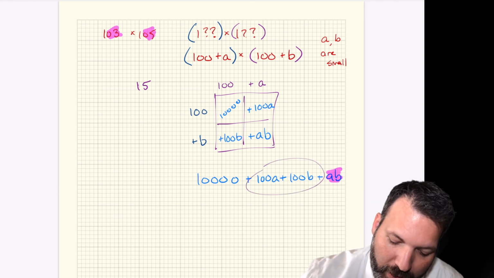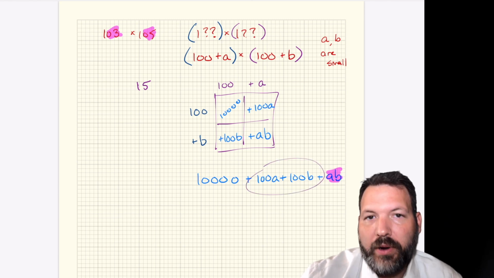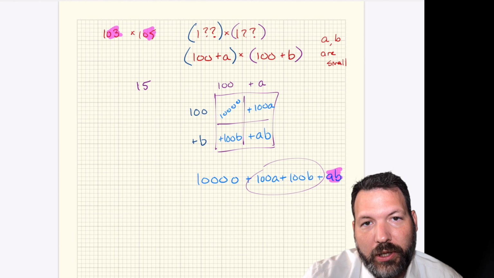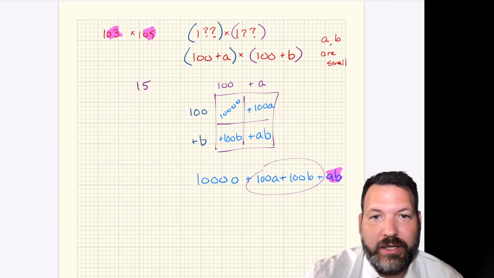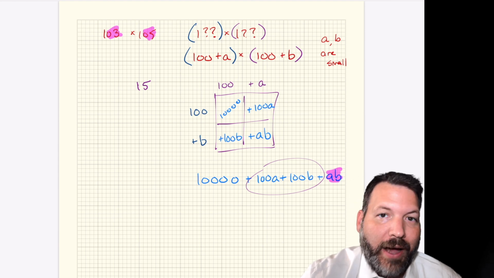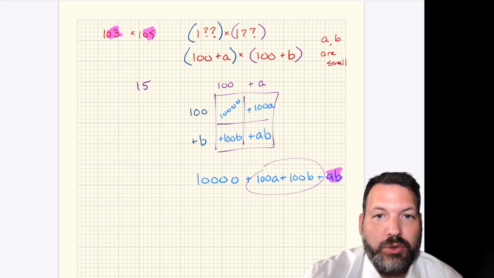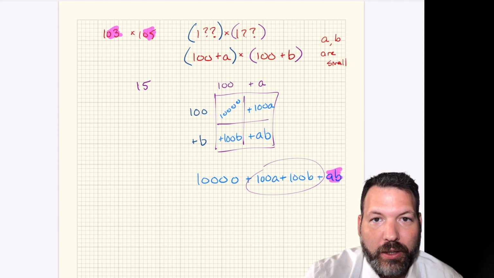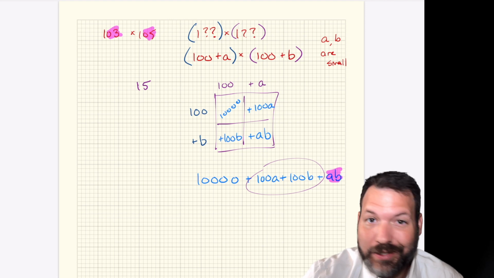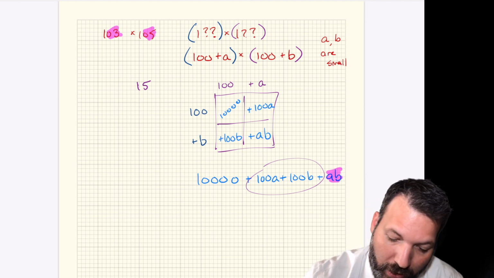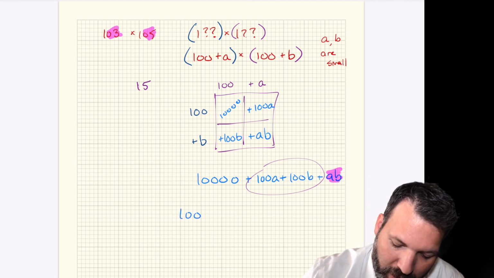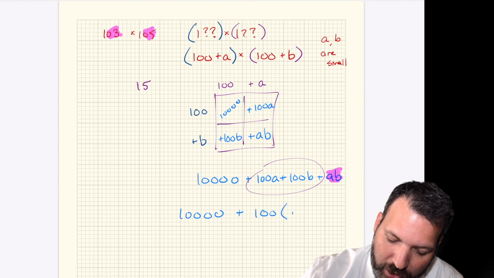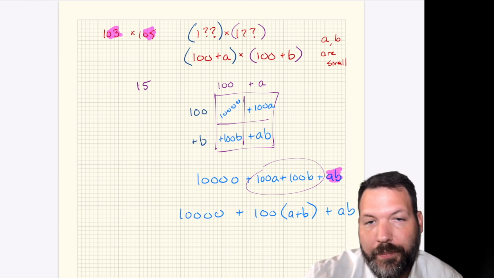The middle part is a little bit weirder though. But if you think back to what I said about multiplication last week, that the very different algorithms for multiplication are actually just different ways to combine single-digit products with place value, this is kind of a place value thing going on here, because another way to write this 100a plus 100b is actually just 100 times the sum of a and b.